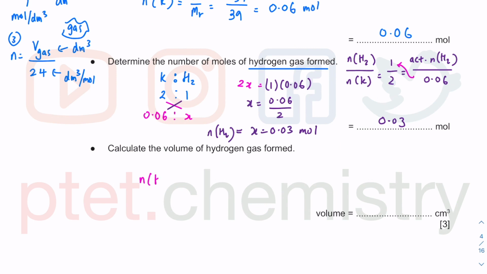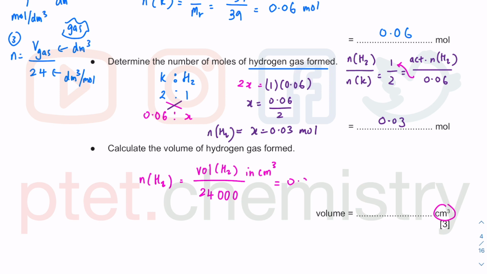So we got the mole of hydrogen gas. We want the volume in cm cubed. So this is going to be the volume of H2. If I use cm cubed, then I have to divide this by 1000, so the volume in cm cubed, and that whole thing is divided by 24,000 because it was 24 dm cubed per mole given at the bottom of the periodic table.